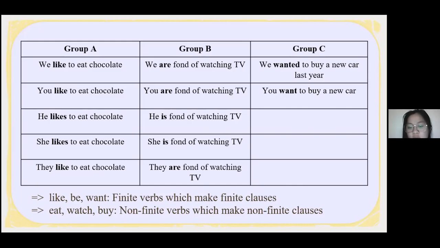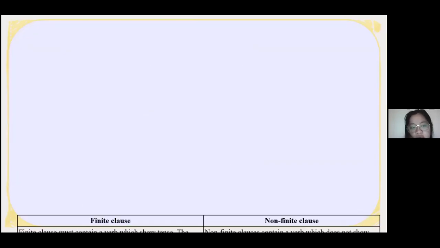In group C, we have a verb in different forms because of their tense, and the verb buy has an unchangeable form in all sentences. Like the verb like, these are finite verbs which make finite clauses, and the unchanging ones are called non-finite verbs which make non-finite clauses. Now I give you some differences between finite and non-finite.